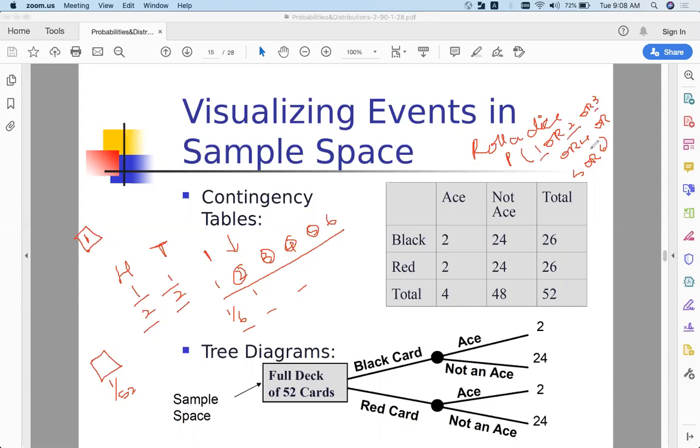But if you do this traditionally, it is 1 by 6 plus the probability of 1 plus the probability of 2 plus the probability of 3, and so on, which sums to 6 times 1 by 6, which is equal to 1. What I'm trying to explain is that one of these events has to occur. That's the reason the summation of individual probabilities will always be equal to 1. I hope I was able to explain.